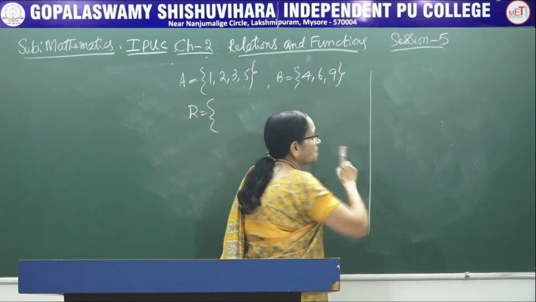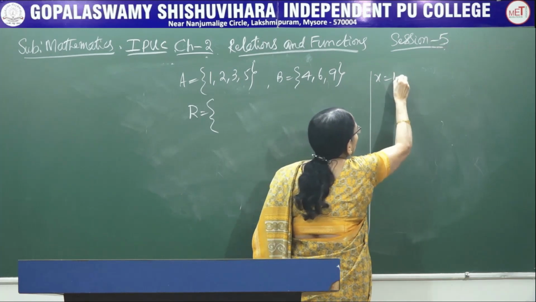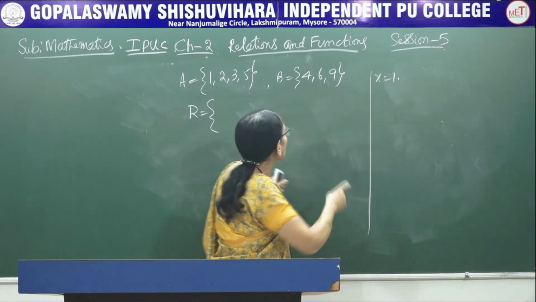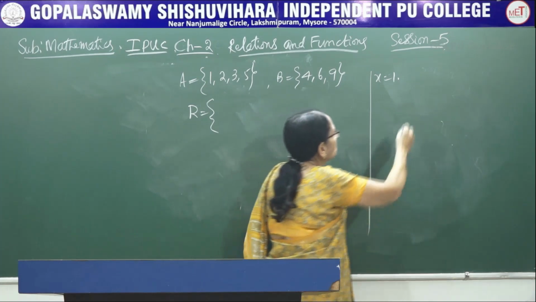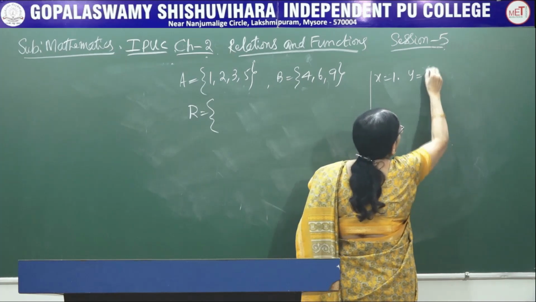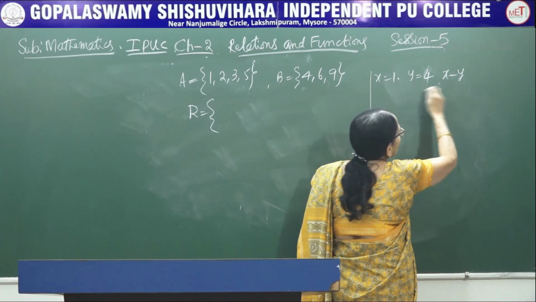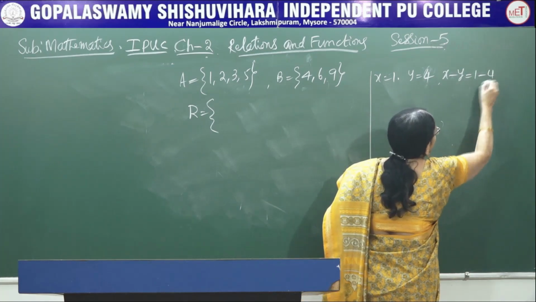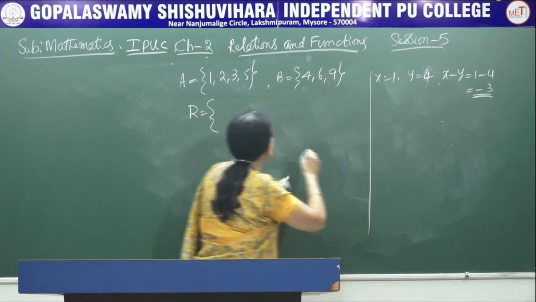First, take the first element from the first set, that is, x equal to 1. Y can take 3 values: 4, 6 and 9. Suppose y is equal to 4. Then what is x minus y? 1 minus 4, that is minus 3. So, you can consider that relation.